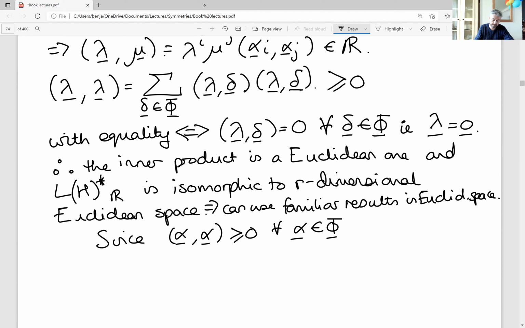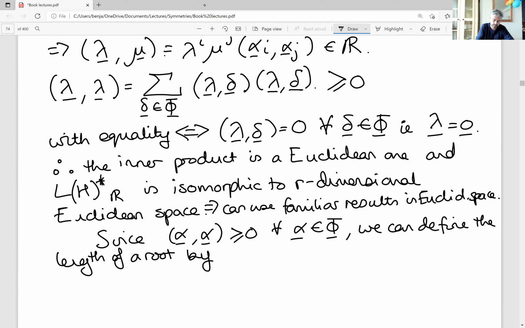We can define the length of a root because we have this semi-definite inequality. So we define mod alpha as plus square root of alpha comma alpha.